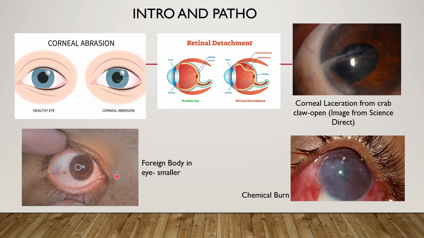Foreign bodies. We'll go on to this one right here. You can see this small area right here is a foreign body in the eye. That can be small dust particles, dirt, eyelashes, right? You can feel sometimes when you have an eyelash in your eye, it's bothersome.